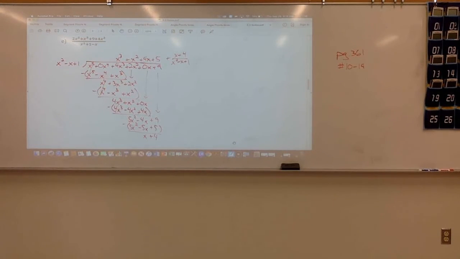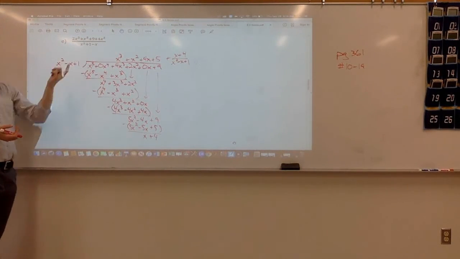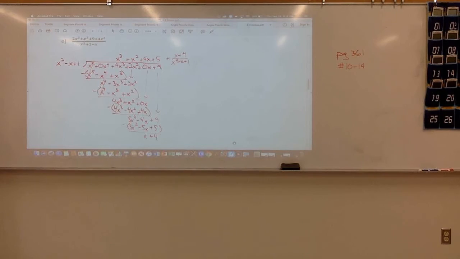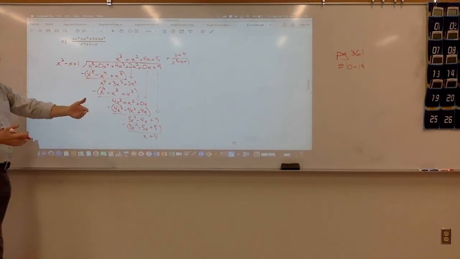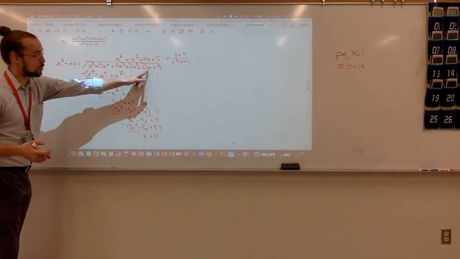Did we get something like this? Yeah. Which means, did we get this? Okay, a big part of the setup here was rearranging our terms to start with the highest power and go down. We were actually missing 2 terms here.